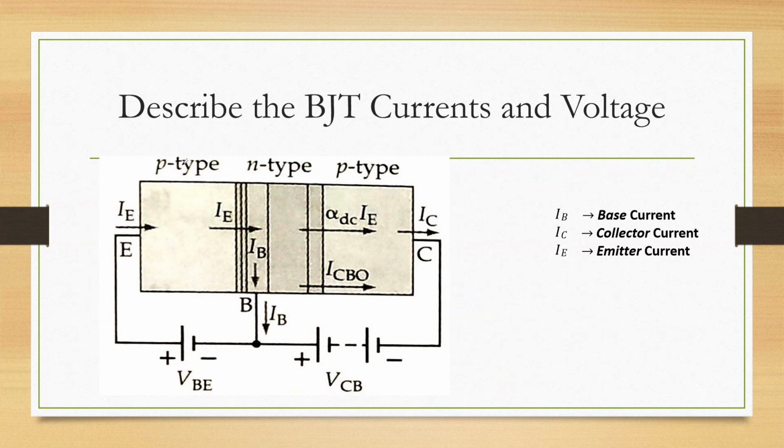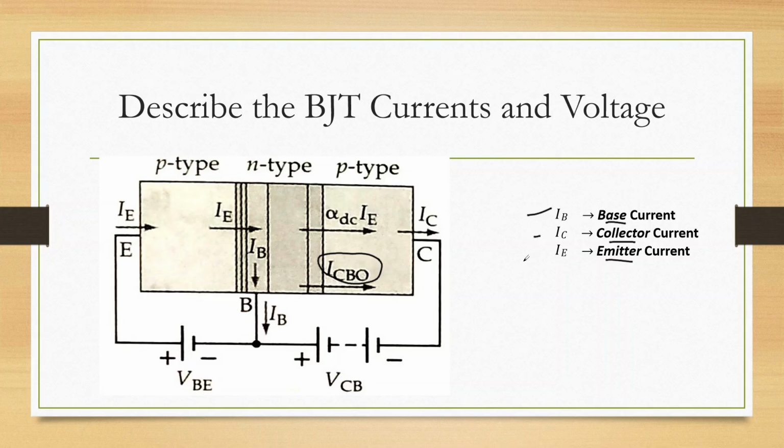So these are the currents which you have to deal with in the BJT: base current, collector current and emitter current, as well as a small leakage current due to the minority charge carriers.